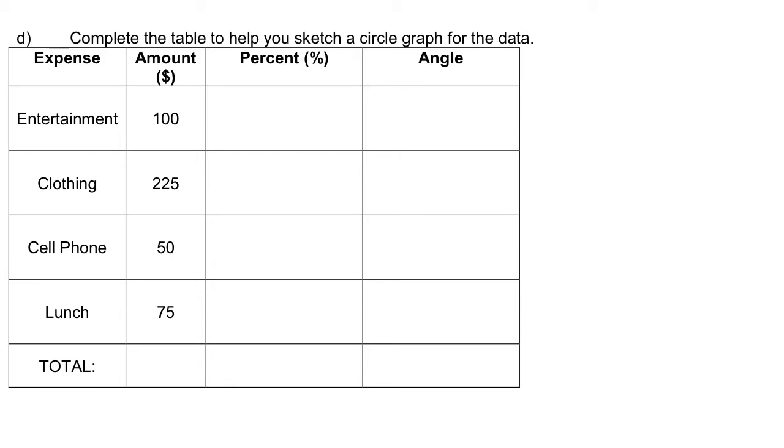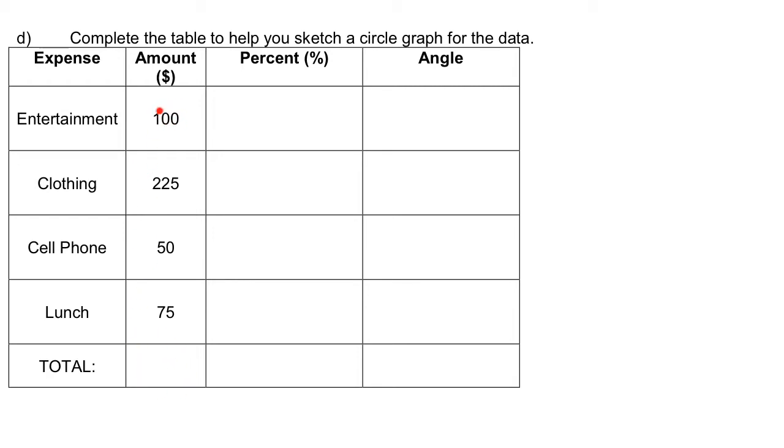So we're going to work through this table that I've set up here, and I'm going to show you how to calculate the angle that you'll use in your circle to find the size of the pieces of the pie. First off, you want to get the total for all of your amounts.